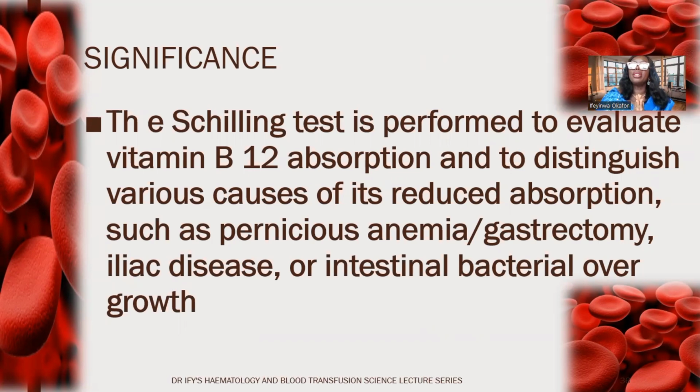So the Schilling test is done to specifically diagnose B12 deficiency, and also to check whether the deficiency is due to reduced intake through our diet, or the result of reduced absorption due to intrinsic factor deficiency, or due to diseases in the stomach or intestine that can affect its absorption.